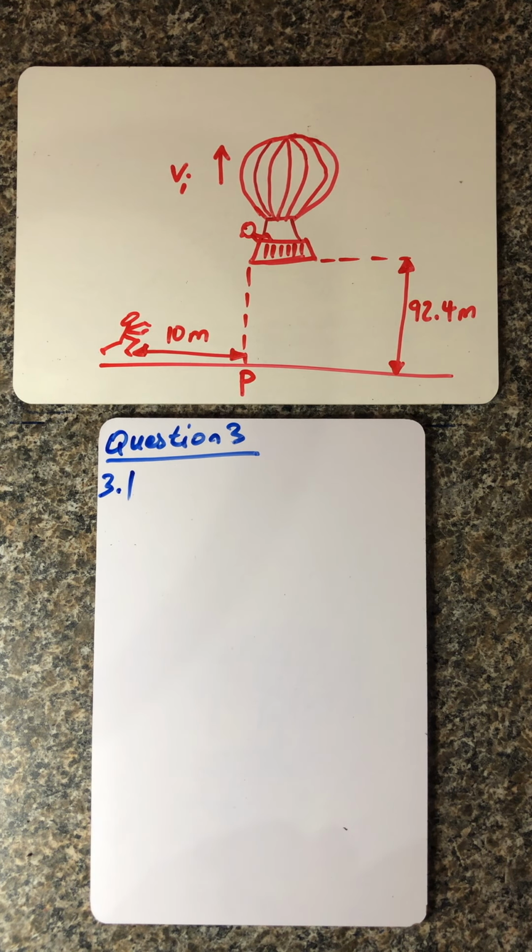Ladies and gentlemen, it's very important that you remember that when it comes to this chapter, we've got gravitational acceleration or force of gravity, which is 9.8. Depending on the direction that you choose, it could be positive, it could be negative.